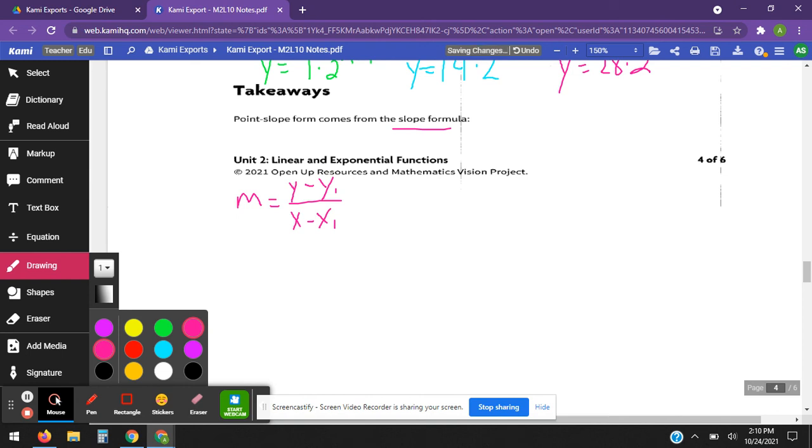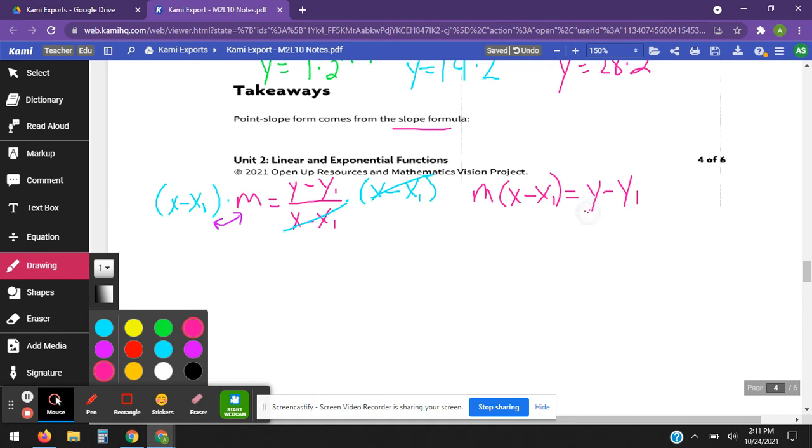Well, what we can do is multiply both sides by x minus x1. These cancel, and it leaves me with, I'm going to switch these around just so it's a little better format, m(x minus x1) equals y minus y1.